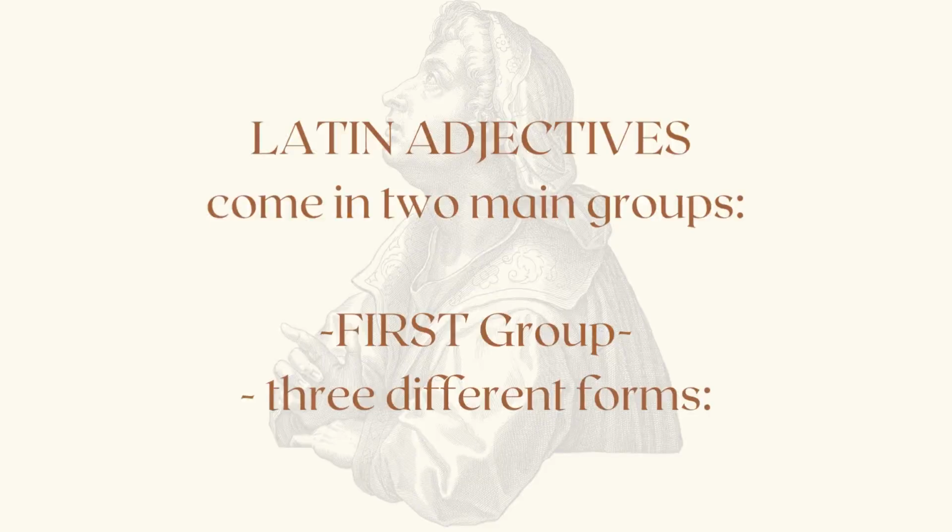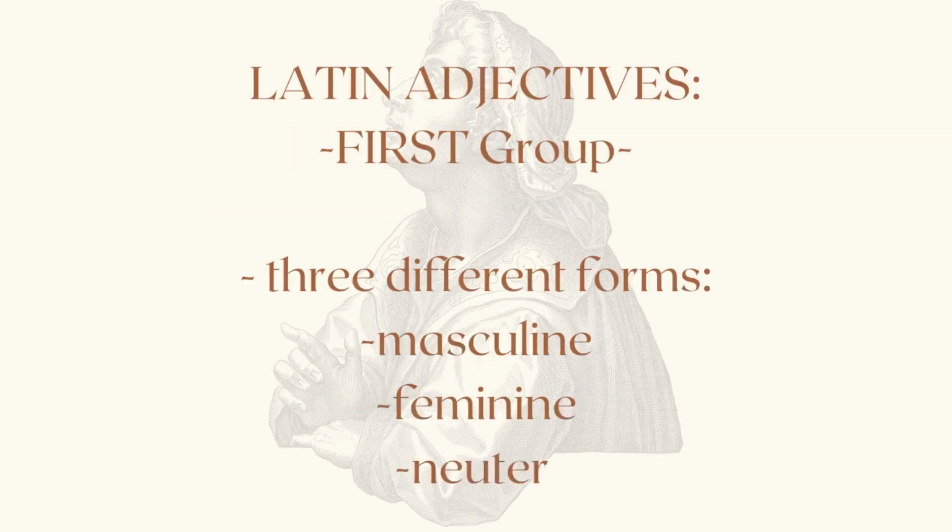Latin adjectives come in two main groups, and in this lesson we're going to look at the first group, which is a bit easier to understand. This kind of adjective has three different forms, one to use with masculine nouns, one for feminine nouns, and one for use with neuter nouns.